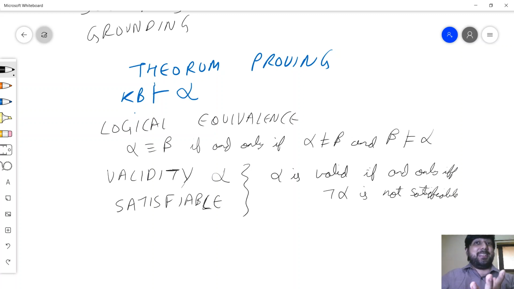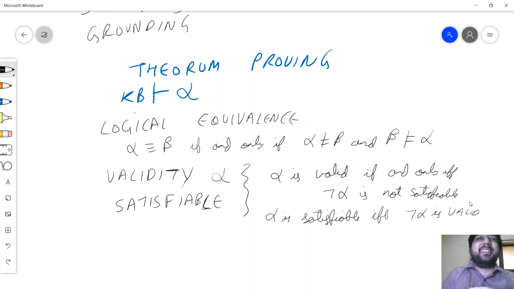That means your model is valid. Similarly, I could do it the other way around as well. Alpha is satisfiable if and only if not alpha is not valid. Not alpha is valid means the converse always holds good. That means the direct never holds. No matter how hard you try, it's not going to happen.